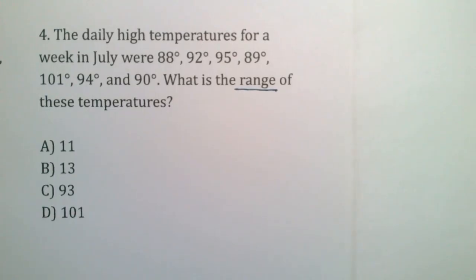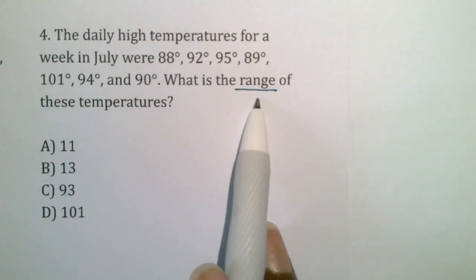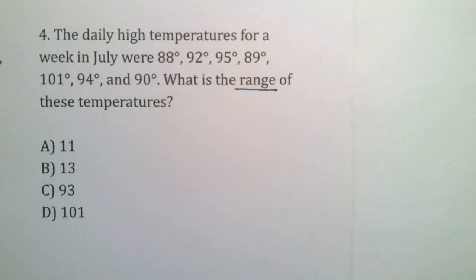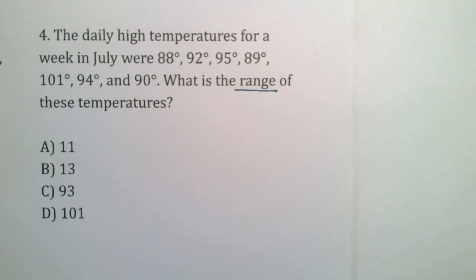I don't know why, because range measures variation, whereas mean, median, and mode measure central tendency. Like how close are you towards the center of your data? Your mean is the average of your data. Your median is the middle of your data.